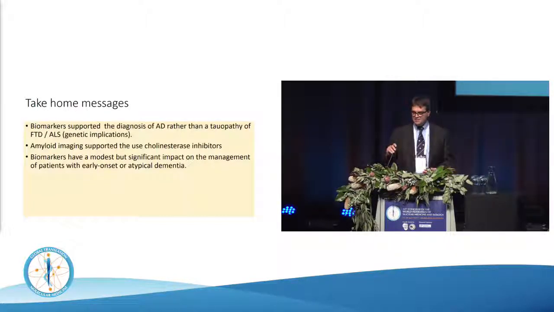And the big challenge of this individual is that he was very young and his father had ALS. I think the justification of amyloid here perhaps would somehow corroborate the diagnosis of Alzheimer's disease. And amyloid imaging supports the use of cholinesterase inhibitor in this individual. And biomarkers have a modest, but I think a significant impact on the management of this individual with early onset dementia.